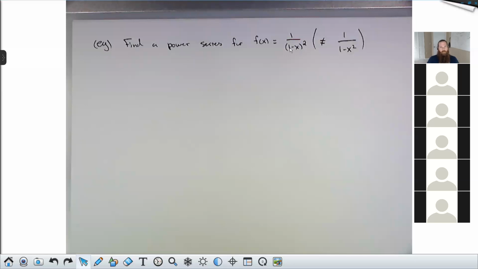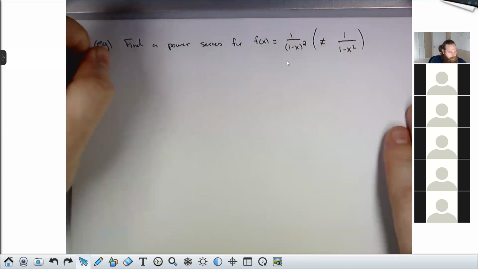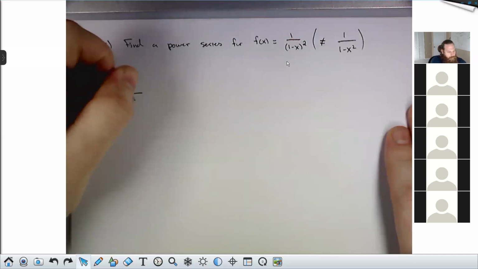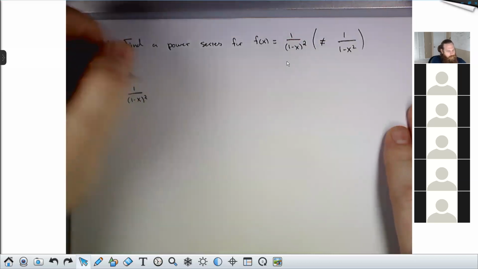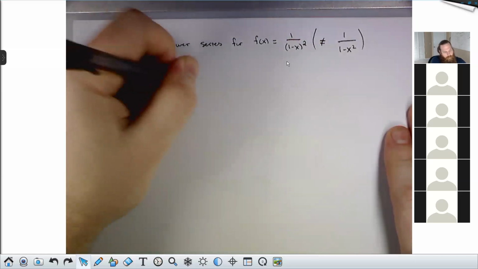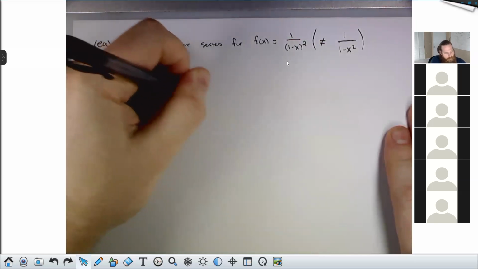Foiling this out downstairs won't help us find a series. But when I look at that, 1 over (1 minus x) all squared looks to me like the derivative of 1 over 1 minus x.